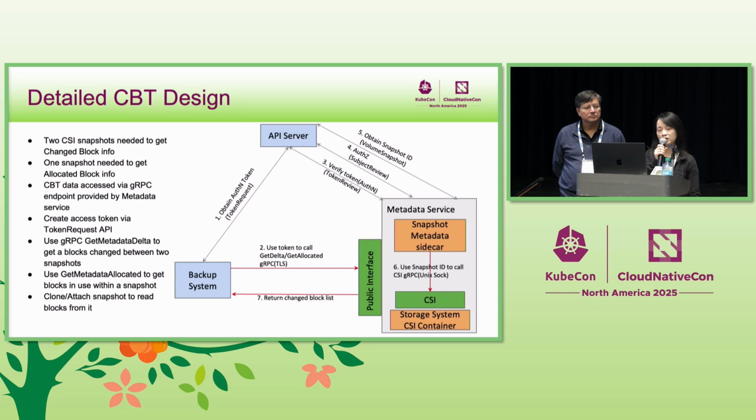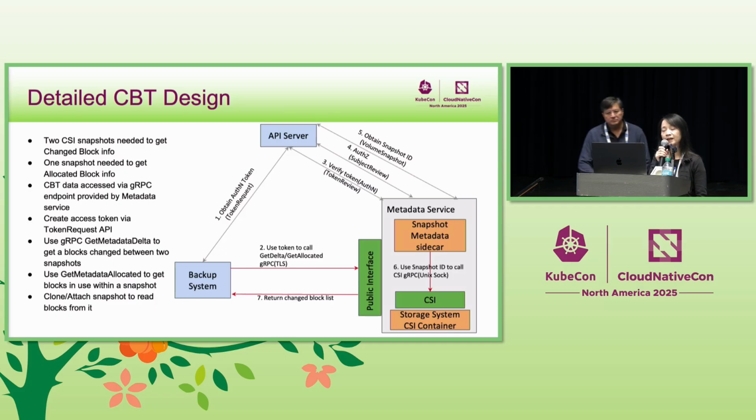This shows how CBT works. A backup application obtains an access token from the API server. It uses that token to call the snapshot metadata service to retrieve the snapshot metadata. And the snapshot metadata service verifies the token with the API server.